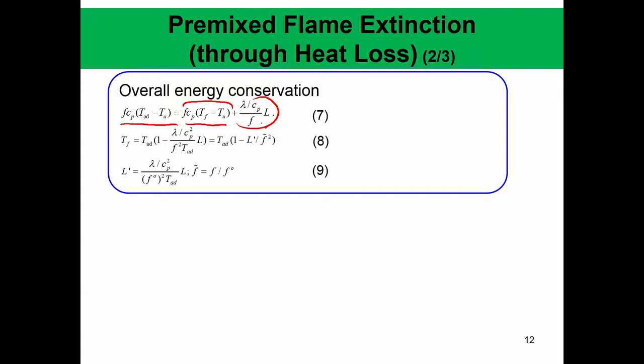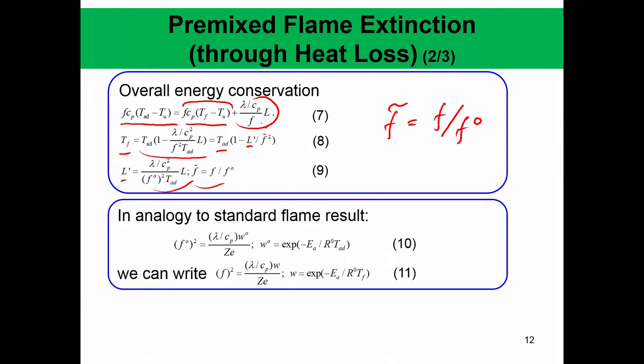Then we can write Tf as essentially T_ad times (1 minus L prime times F tilde square), where F tilde is nothing but F by F0, and L prime is a normalized heat loss parameter given by this expression.